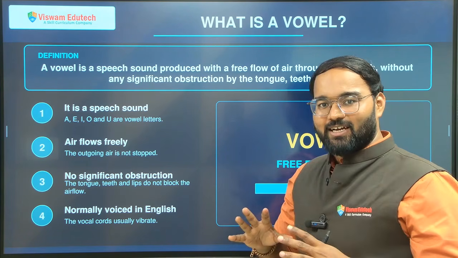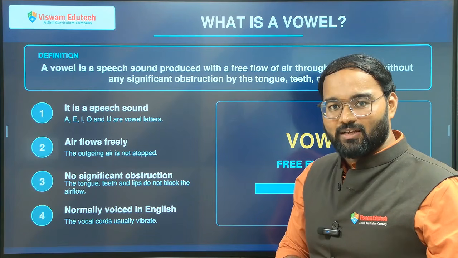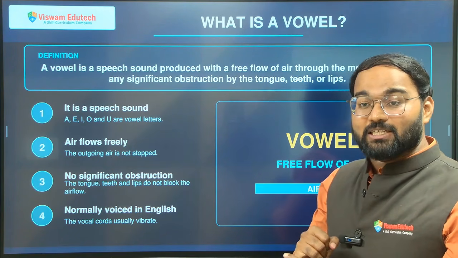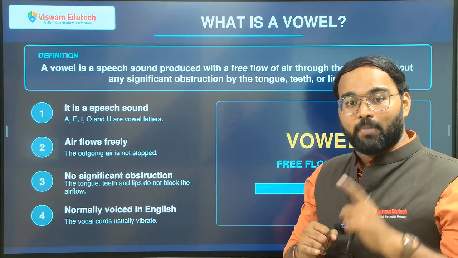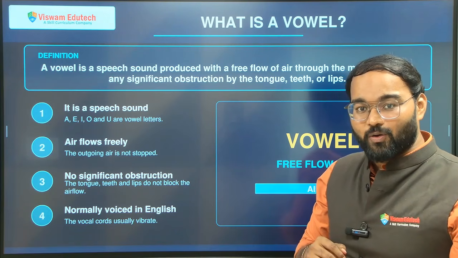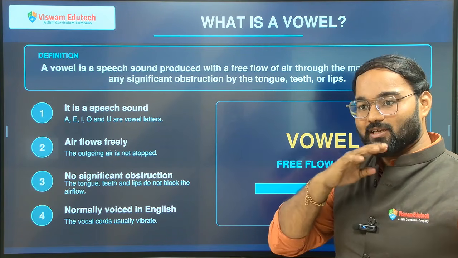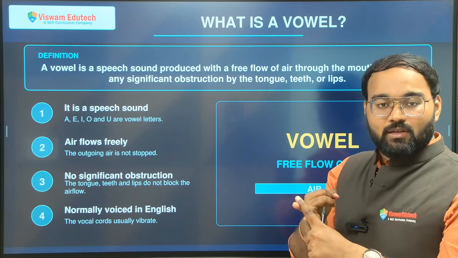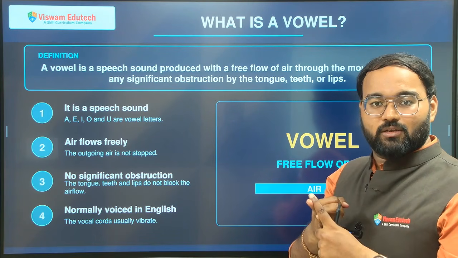Once again, what is the definition of vowel? Alphabet sound produced by the mouth, by the tongue not touching the upper part of the mouth, right? A, E, I, O, U. Tongue is still, it's not touching the upper part of the mouth. There should be no obstruction.